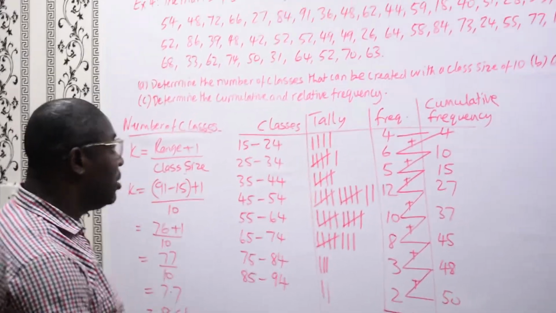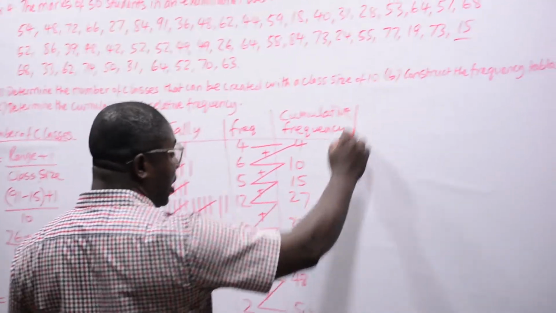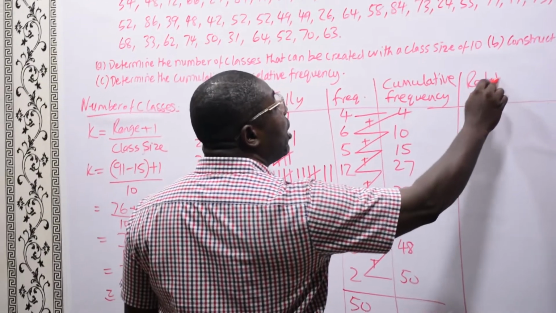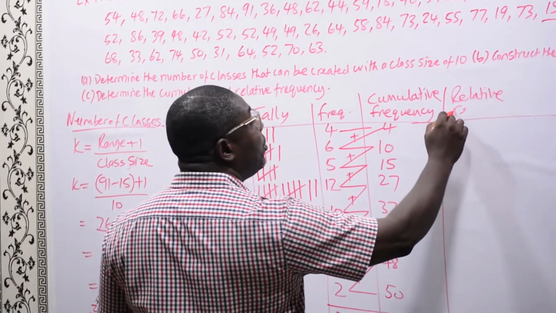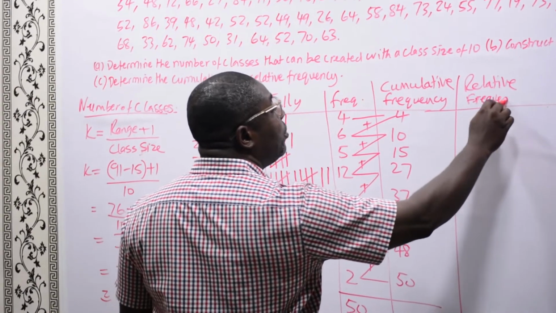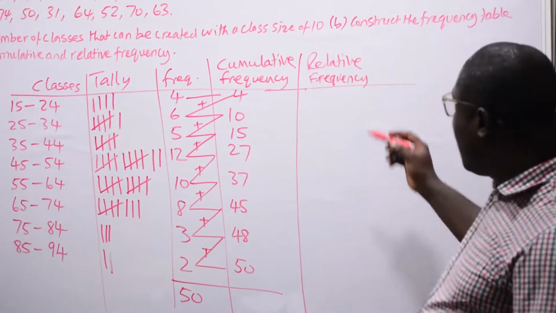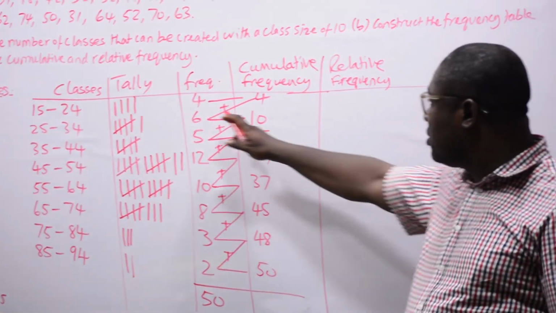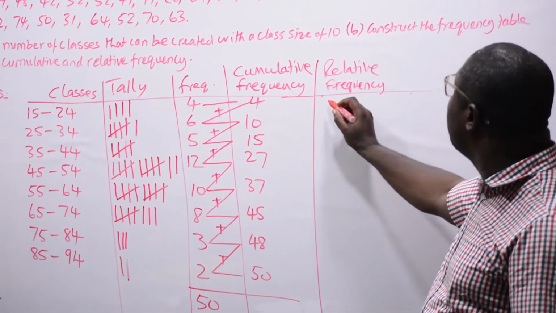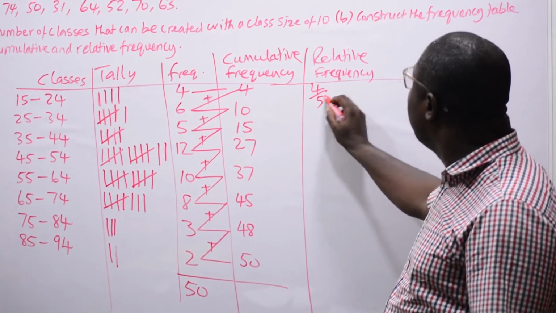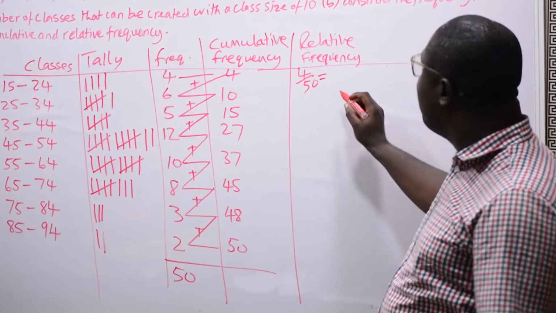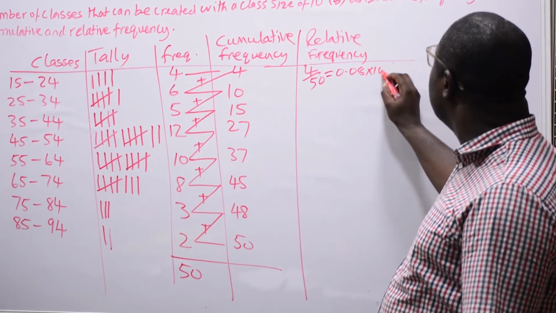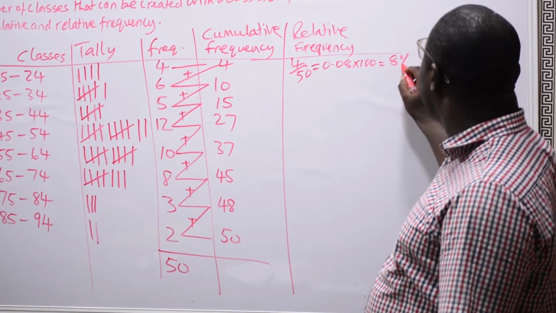The question says we should calculate the relative frequency. So the next thing here is to calculate the relative frequency. We have the first frequency, which is 4 over 50. That will give us 0.08, times 100. This will give us 8%.